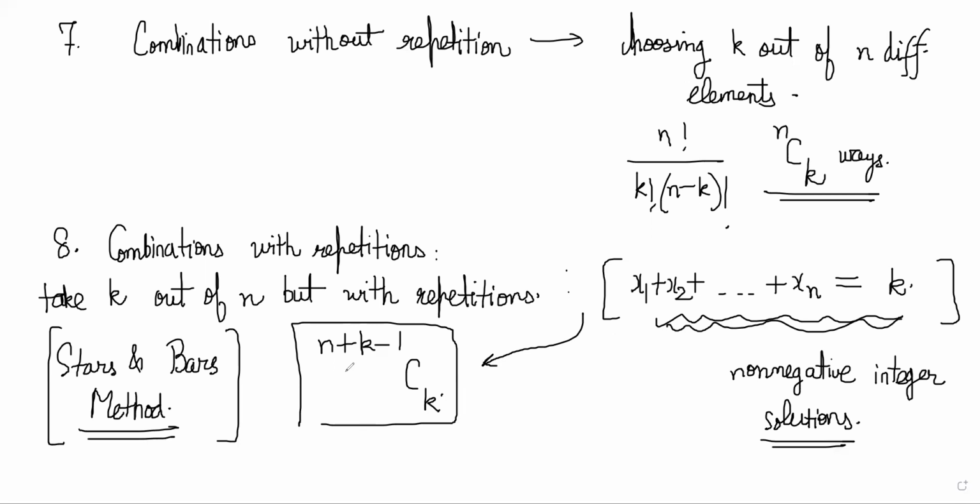Actually, it is correct. Basically, you have n variables, so you need n minus 1 bars. You have k stars. So the total number of things, stars plus bars, is n minus 1 plus k, choose n minus 1, which is equal to (n plus k minus 1)Ck. So that is the number of ways to do combinations with repetitions. You have to select k out of n with repetitions. It becomes (n plus k minus 1)Ck ways, right?